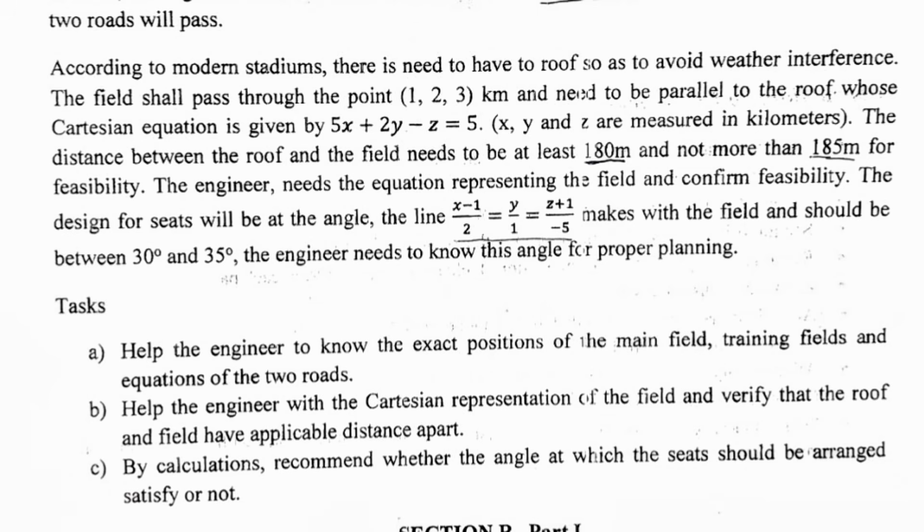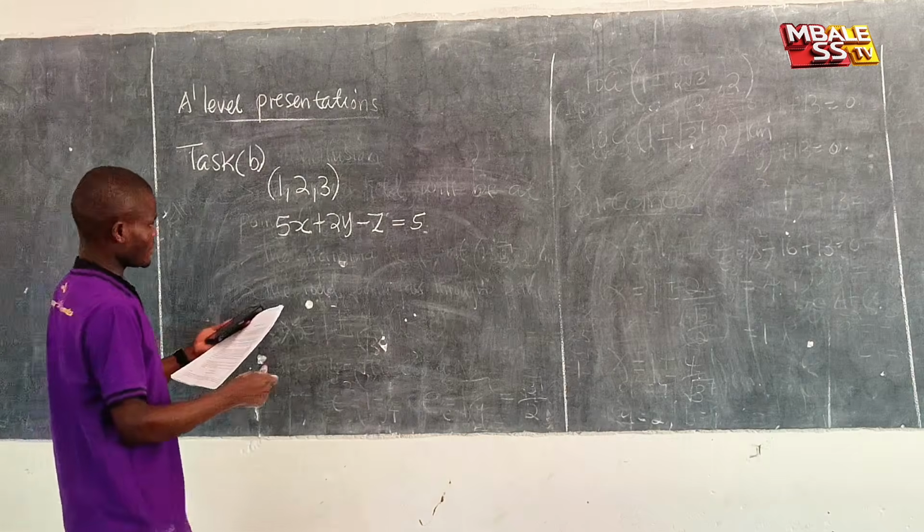X, y, and z are measured in kilometers. The distance between the roof and the field needs to be at least 180 meters and not more than 185 meters for feasibility.